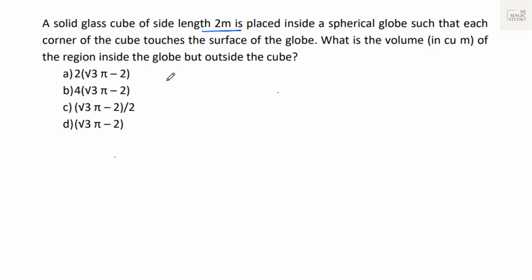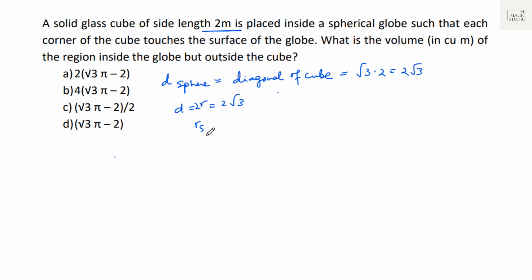That means the diameter of the sphere is actually the diagonal of the cube. Diagonal of a cube is given by root 3 times side, root 3 into 2, that is 2 root 3. So the diameter is double the radius. So the radius of the sphere is root 3.